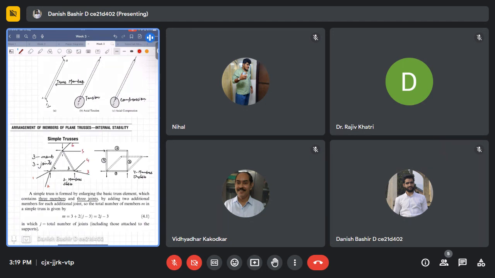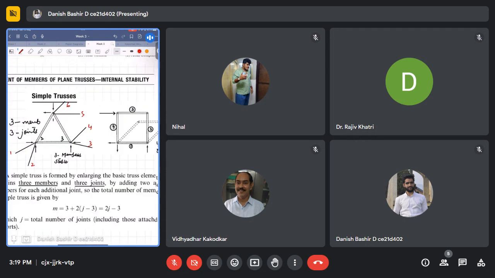So, what will be the total number of members in this truss? Already it had three members, and I connected two more members to each of three joints. Let me do the calculation.